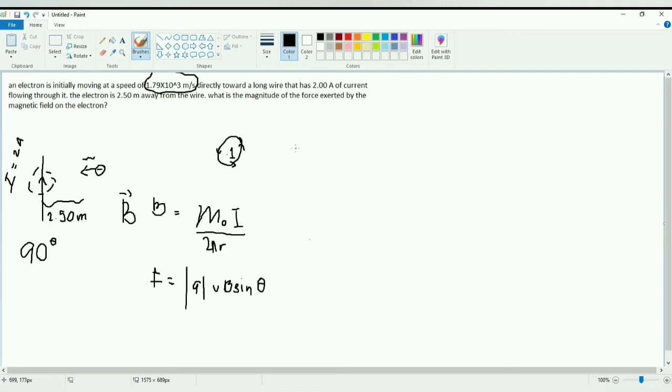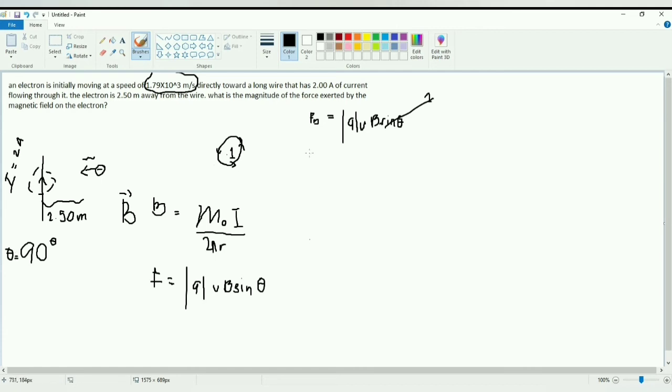So we have F_B equals absolute value of q v B sine theta, and sine theta here is equal to 1 because our angle is 90 degrees.